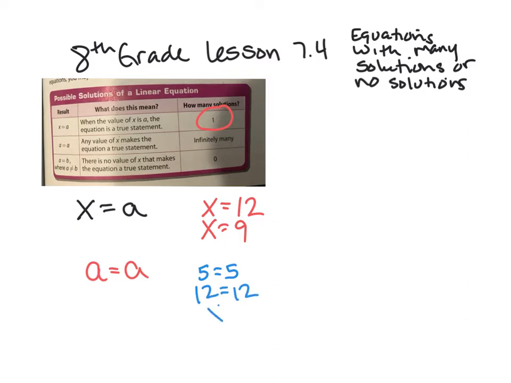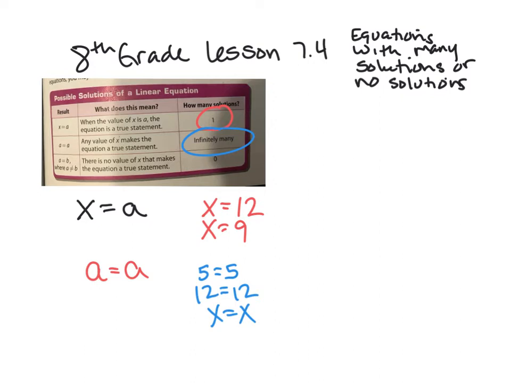Even if it was x equals x, even if you ended up with that, that means that there's infinitely many possibilities. Like every single spot on a line is a possible answer. So if you end up with an answer that looks like that, then you've got infinitely many solutions.